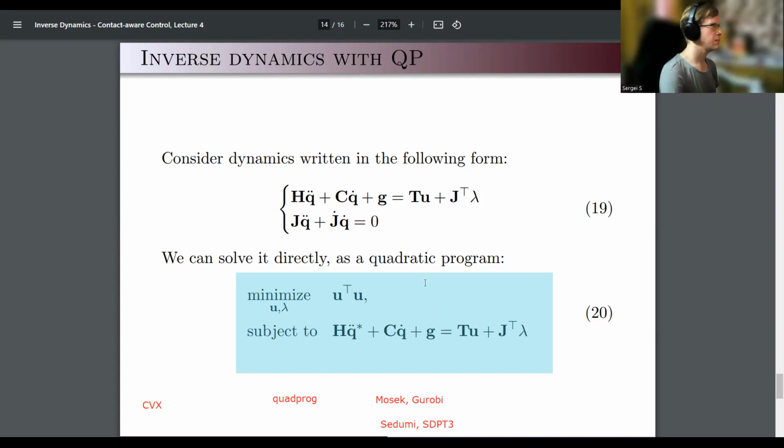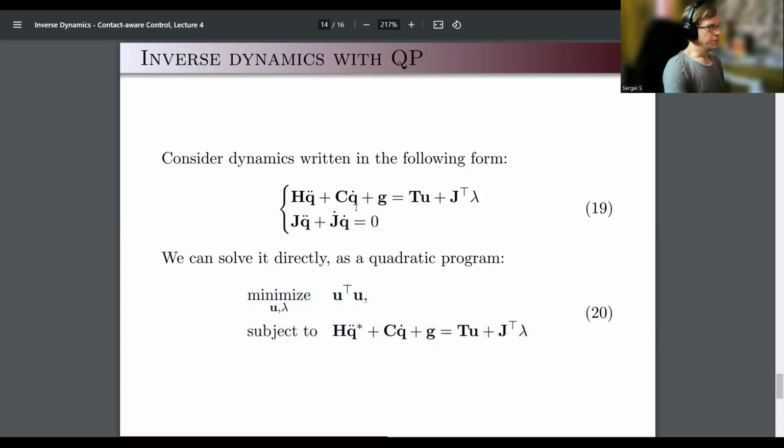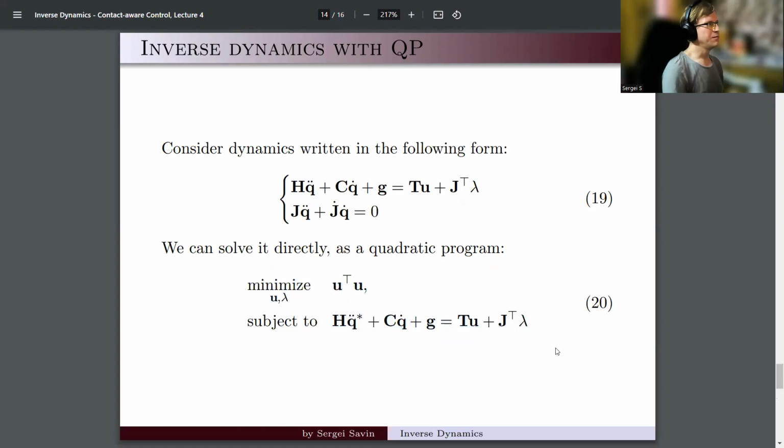Well, the reason is that later you will find it is essential to use QuadProg in certain situations. There will be situations where this exact formulation, equation 20, is the only one available. I wanted you to see it here in inverse dynamics, so that later when it becomes necessary, you could see the connection between this and the inverse dynamics we did before. For now, we'll just see that it's possible. We'll see that it will be necessary later.